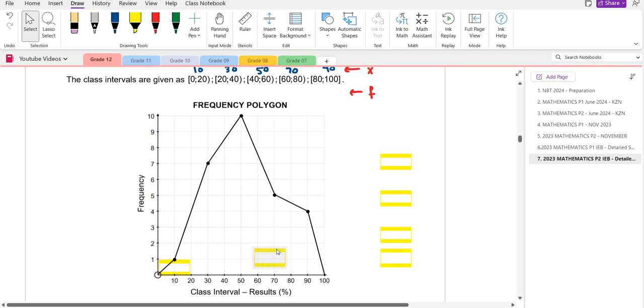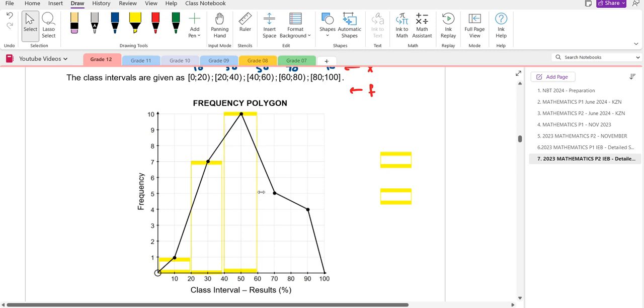My next histogram was right here, and my next histogram was right here next to that. I hope you guys are understanding what we're doing here. Remember, a histogram has to be joint.